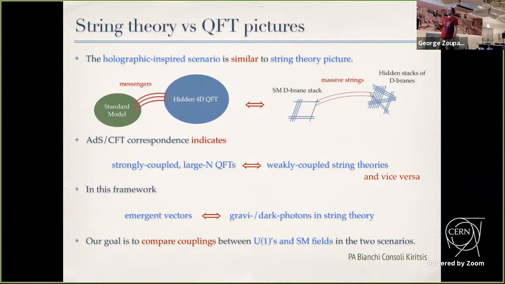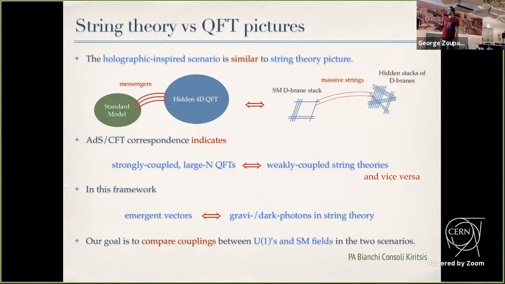Now, coming back to the string theory description that I mentioned before, this holographic-inspired scenario is very similar to the string theory picture. The AdS/CFT correspondence indicates that strongly coupled large N quantum field theories are dual to weakly coupled string theories, and vice versa.